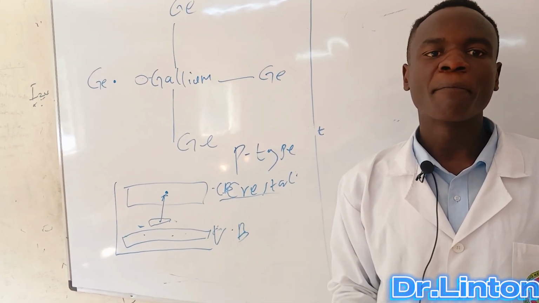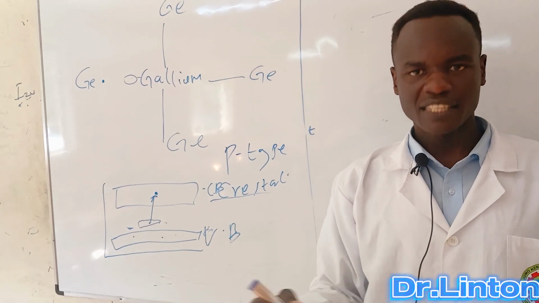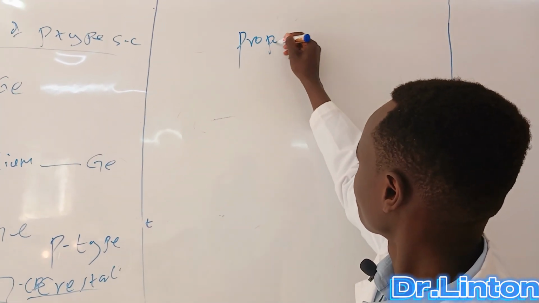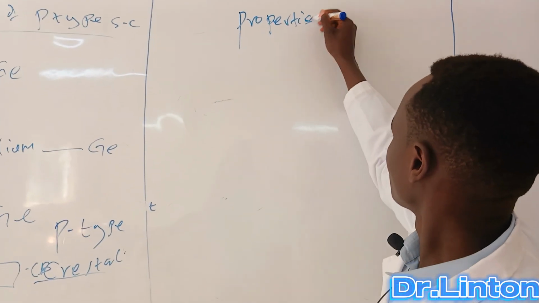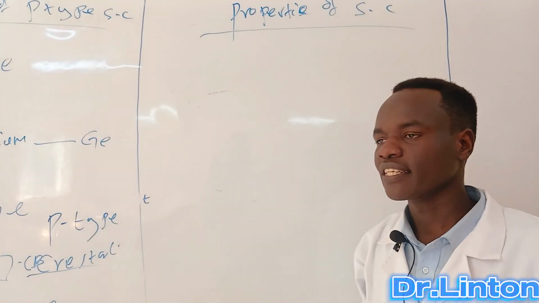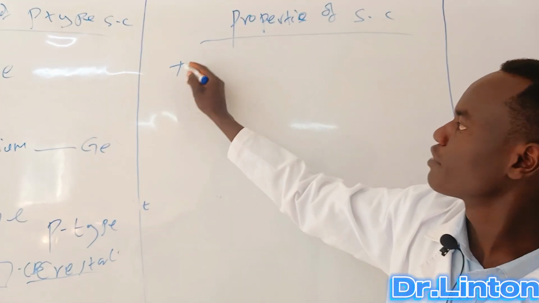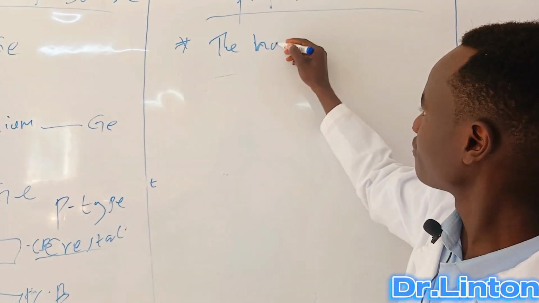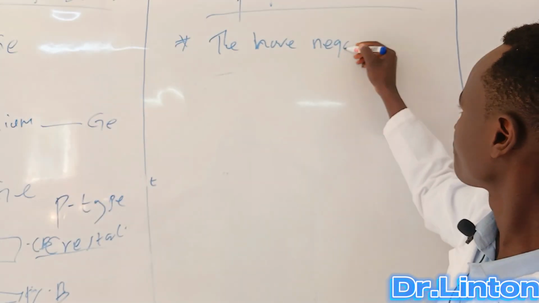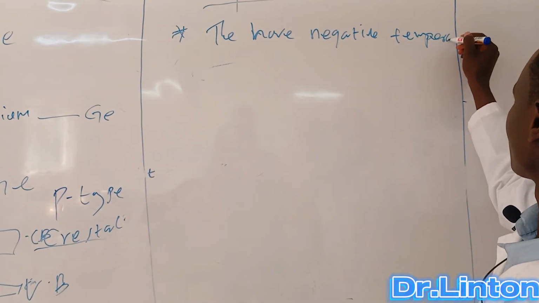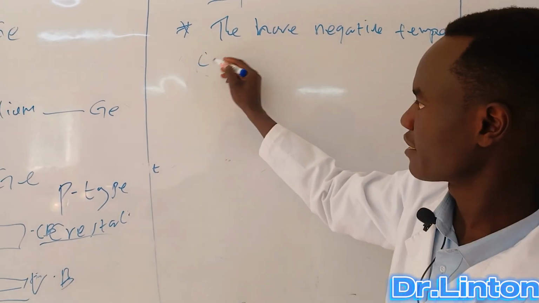Let us see the properties of semiconductors. The property number one of these semiconductors is that they have a negative temperature coefficient.